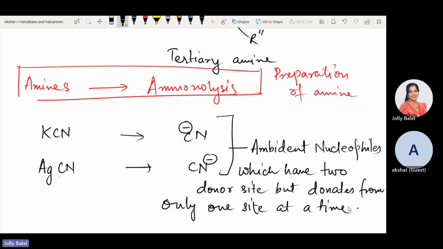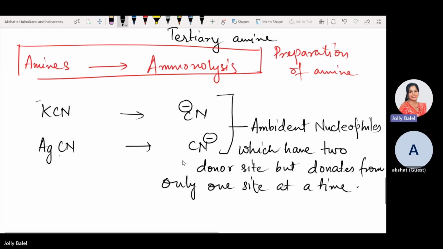Got it? Whenever we will be using KCN, C will be your donor site. Whenever you will be using AgCN, nitrogen will be your donor site. So the cyanide nucleophile is termed as an ambident nucleophile.